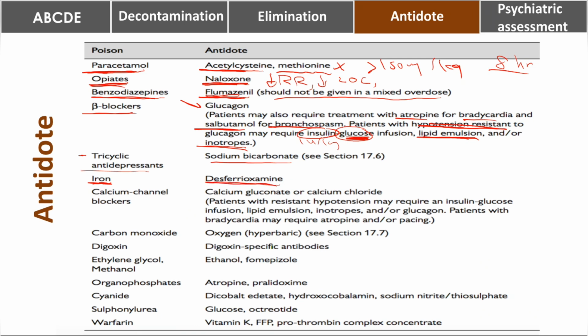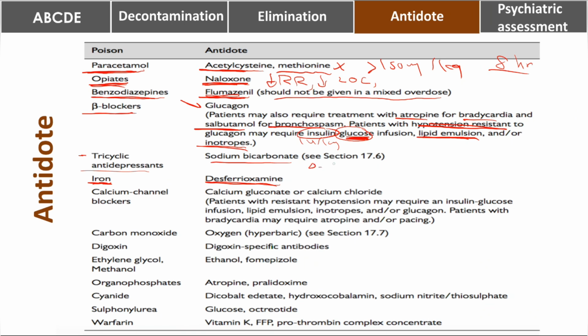When the patient has an iron overdose, just be careful. In the first 6 hours, the patient has gastrointestinal symptoms like nausea, vomiting, diarrhea, GI bleeding. Then if the patient has severe poisoning, after 6 to 12 hours they are asymptomatic.